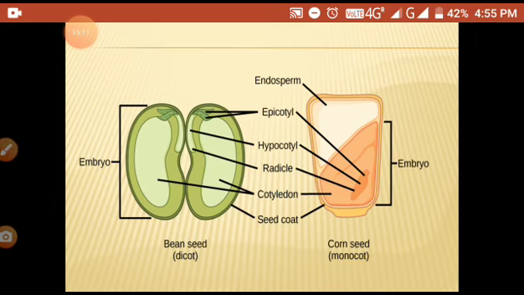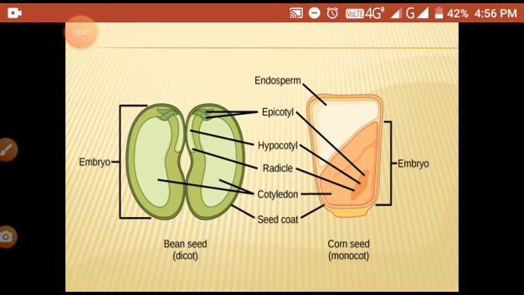It means the seed cannot germinate. What is the meaning of germination? Coming out of the plant from the seed is called germination. Without suitable environmental conditions, the plants cannot come out from the seed.